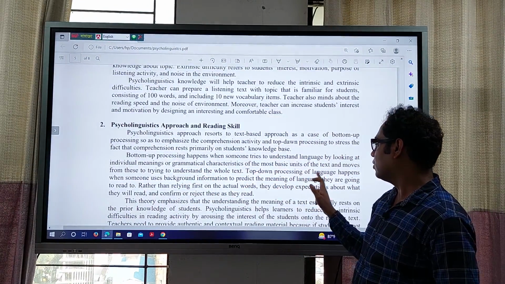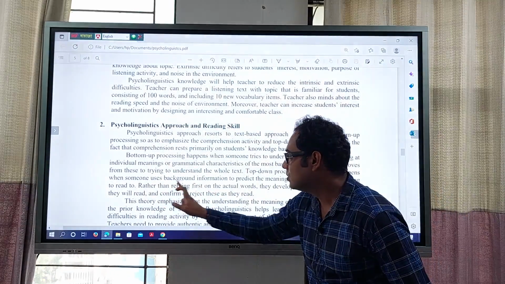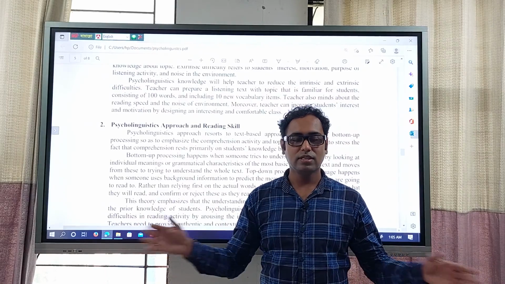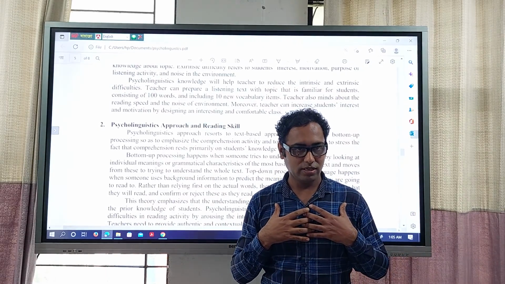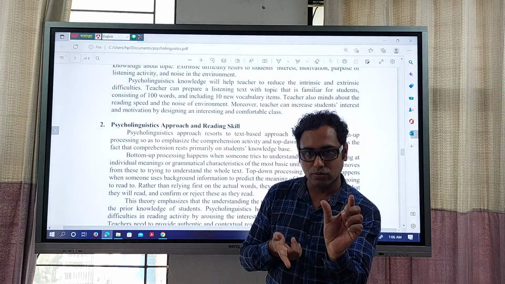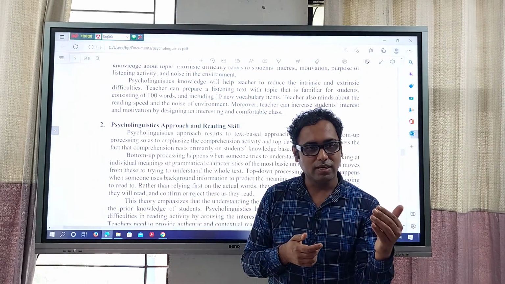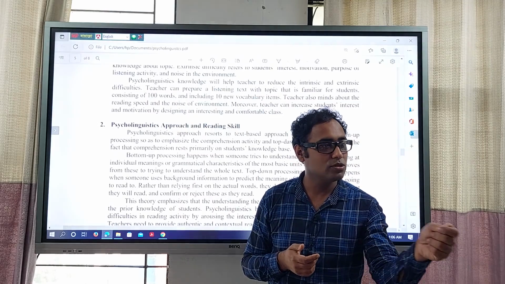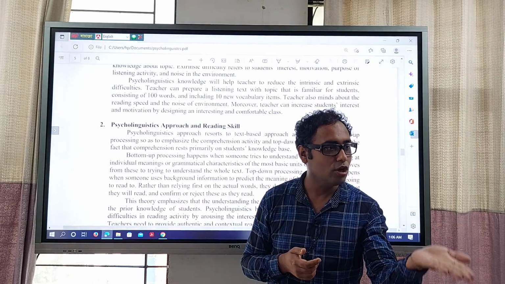Top down processing of language happens when someone uses background information to predict the meaning. Did you understand? Suppose I have no vocabulary, but I can guess the word. That is called top down. But if you are reading the text and looking for the dictionary, in that case it is called bottom up.